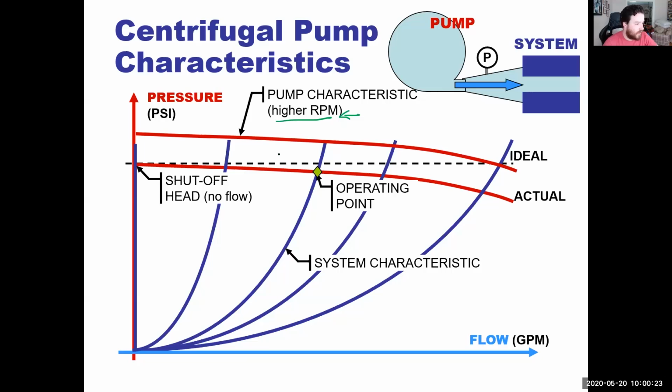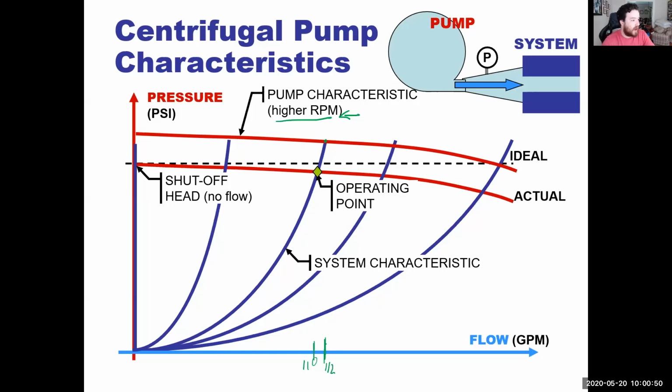But that comes with, as always, other things that happen. We're not going to be increasing our flow. As you could see, from one operating point to another, we'll go from like 110 to maybe 112 or something like that. That's not enough to make a difference.